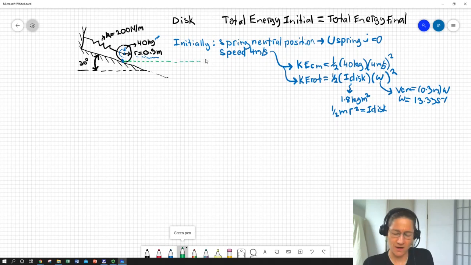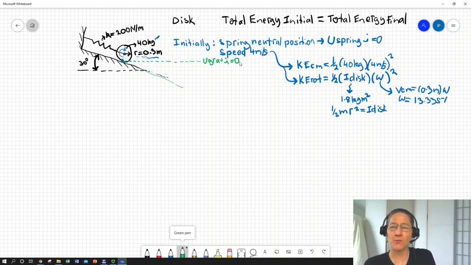So we can just arbitrarily say that U grav initial is 0. So if we call it 0, then we're going to lose gravitational energy as we go down.